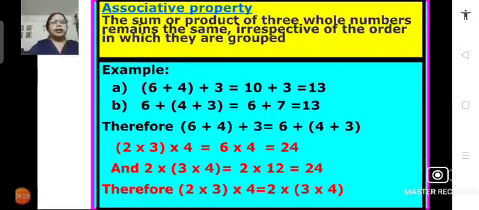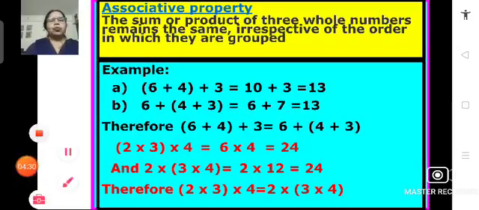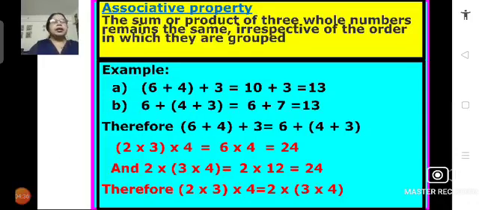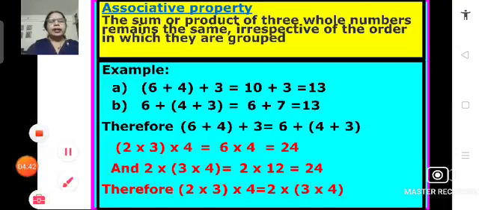The next property is the associative property. What does it say? That the sum or product of three whole numbers remains the same irrespective of the order in which they are grouped. That means while adding or multiplying three whole numbers, even if we change the order in which we group the numbers, still the result is not affected.